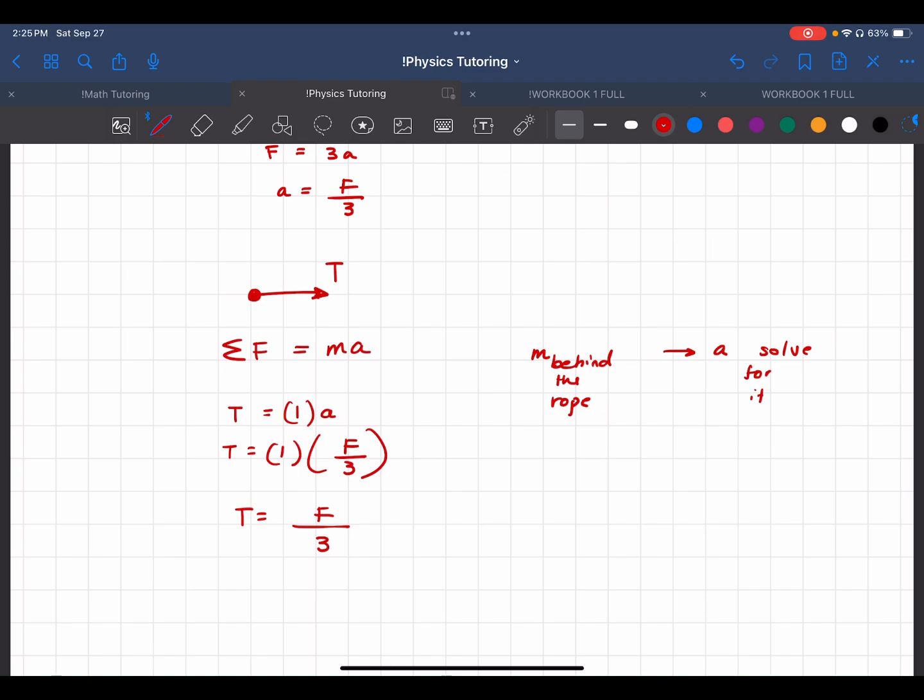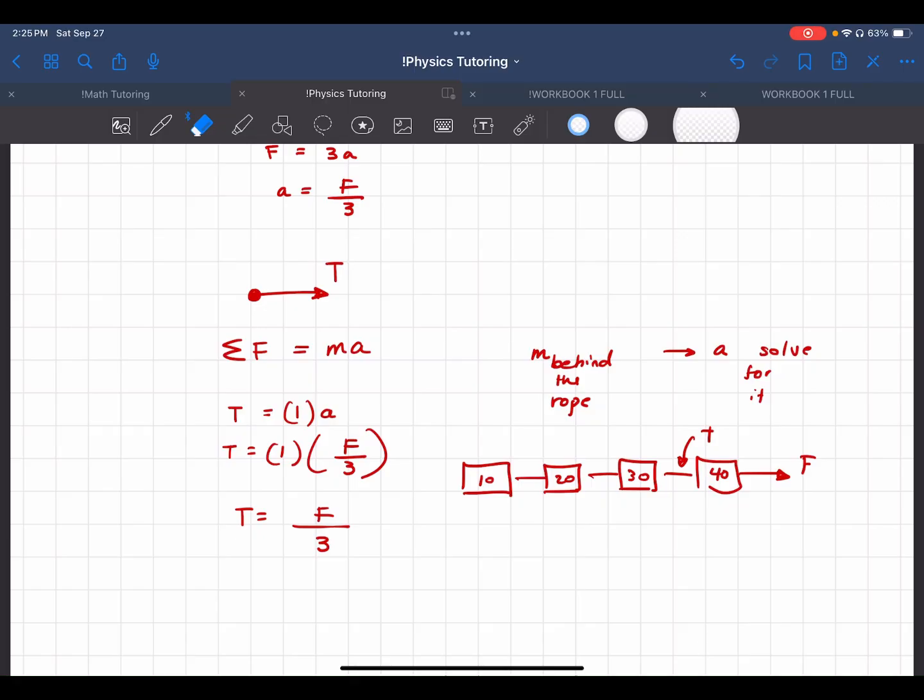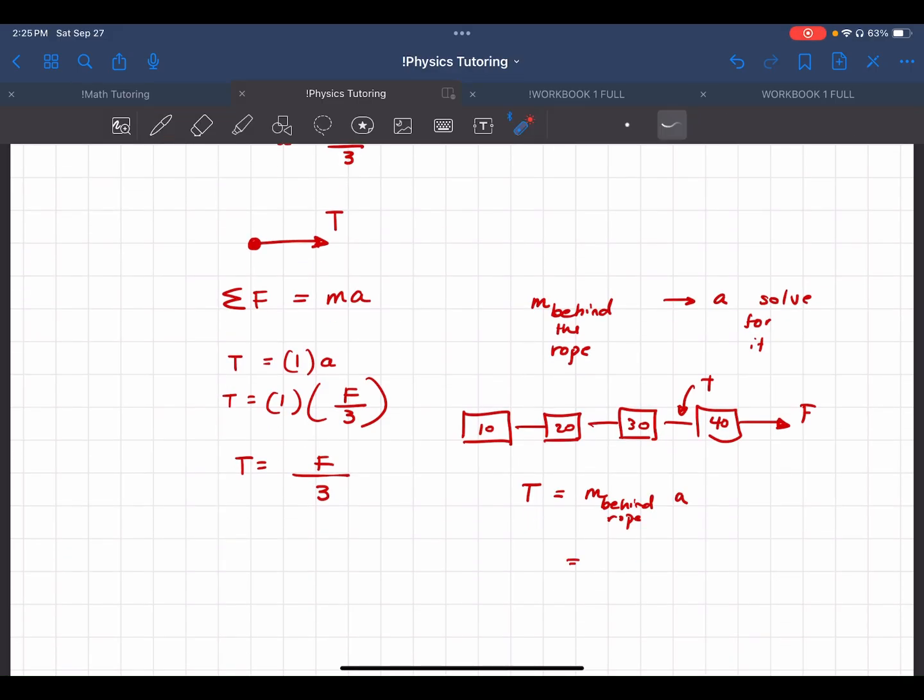Let's say I have a big string of masses like this. They can be anything: 10, 20, 30, 40. If I apply a force and need to find the tension here, all I need to do is follow that rule: tension is the mass behind the rope times A. All of these are behind the rope, so how many is that? 50, 60.